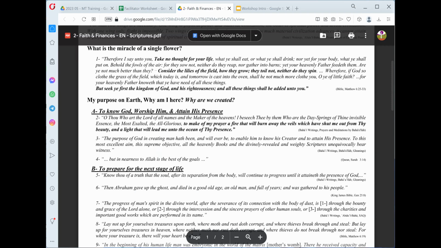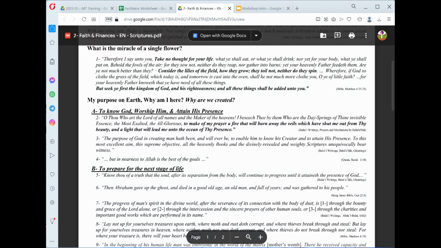Consider the lilies of the field, how they grow, they toil not, neither do they spin. Wherefore, if God so clothe the grass of the field, which today is, and tomorrow is cast into the oven, shall he not much more clothe you, O ye of little faith, for your heavenly Father knoweth that ye have need of all these things.